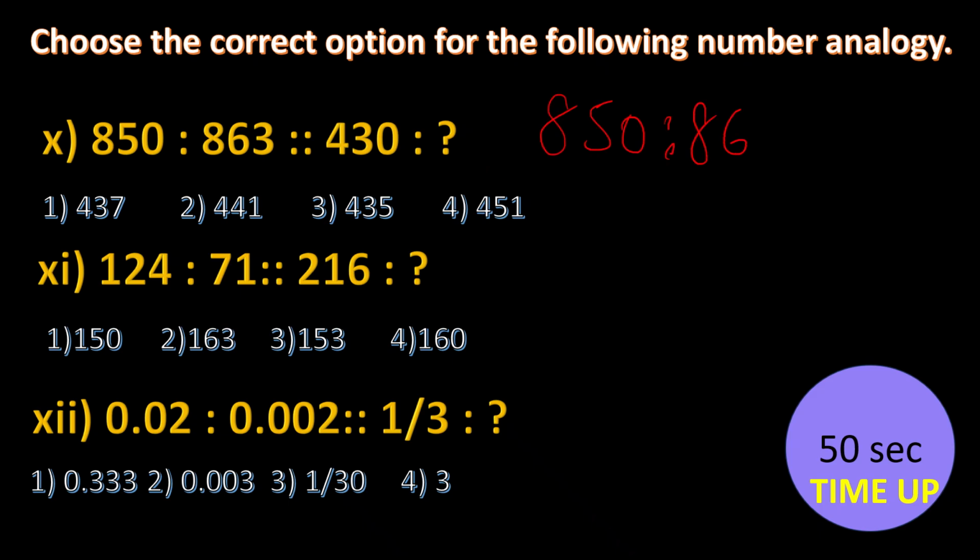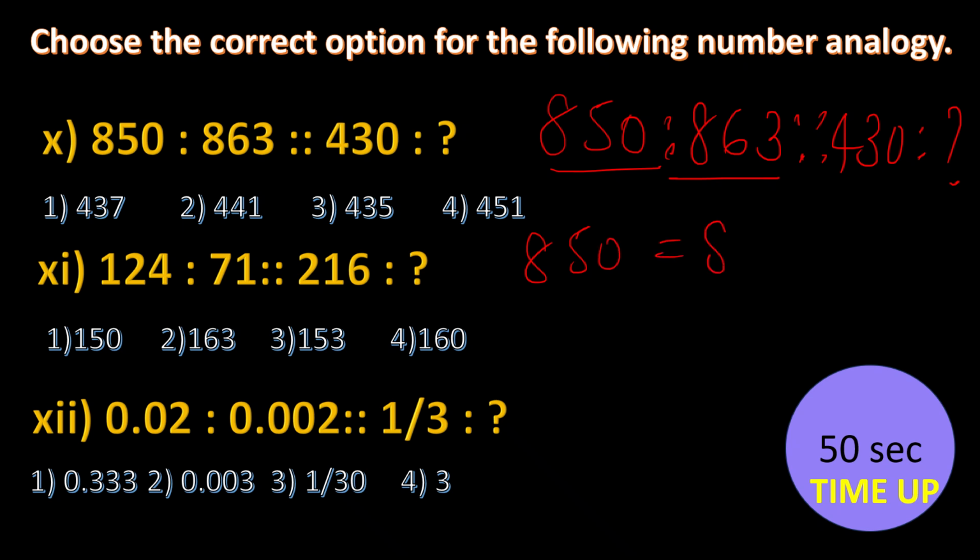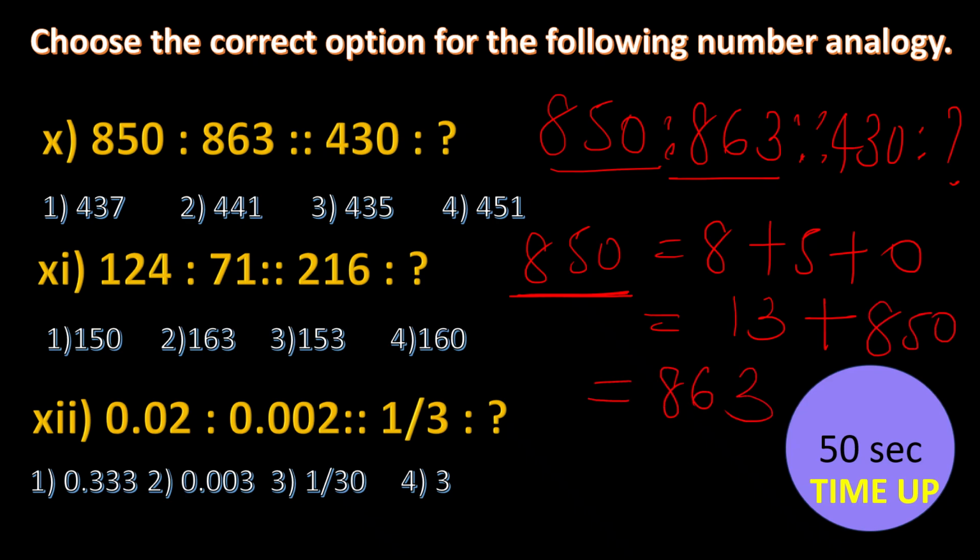850 is to 863 we have. 430 is to what? So from 850 how are we getting 863? 850, 8 plus 5 plus 0 I will do, which will give you 13. Plus, when you add the same number, 850, you will get 863.